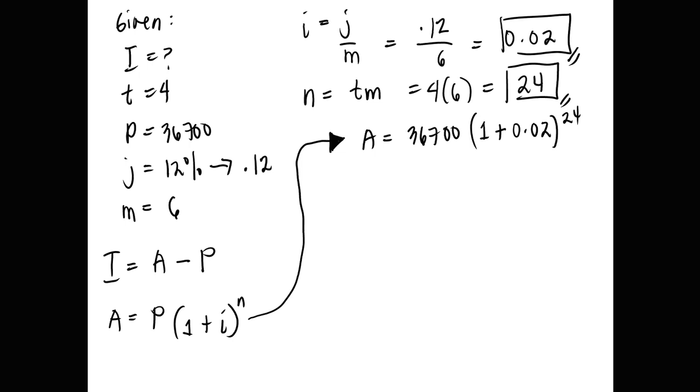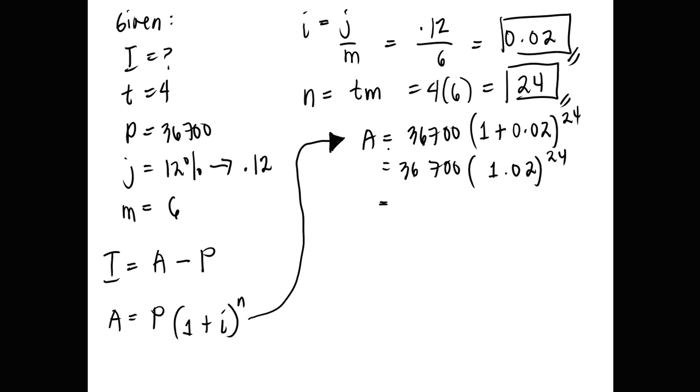So, after mag-substitute, perform the indicated operation by following the PEMDAS rule. So, rewrite so 36,700. Uunahin yung nasa loob ng parenthesis. So, 1 plus 0.02, that is 1.02 raised to 24.